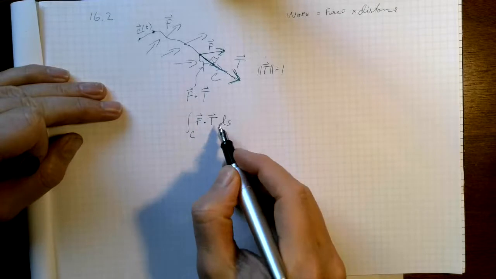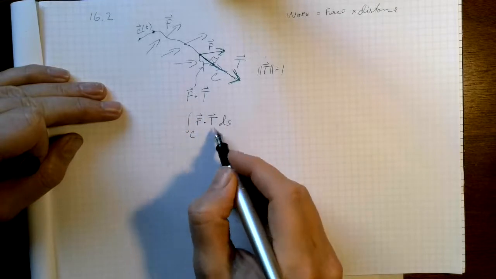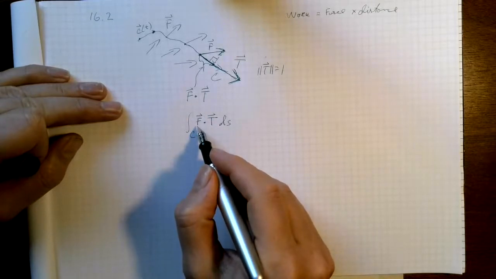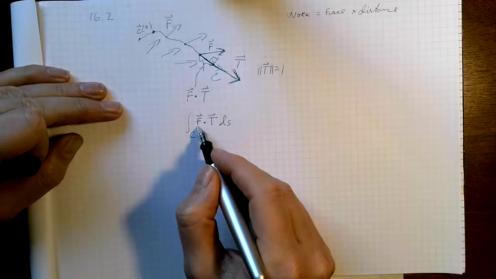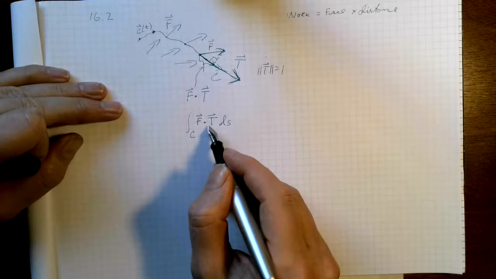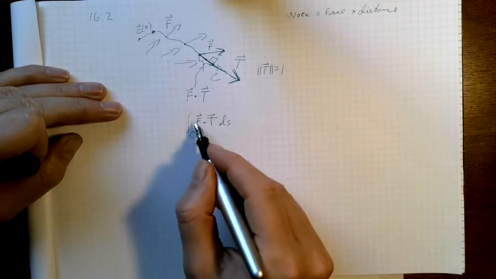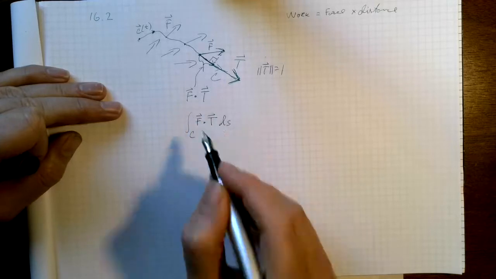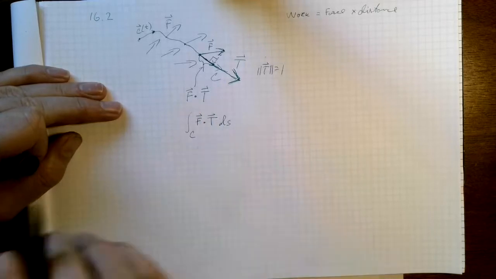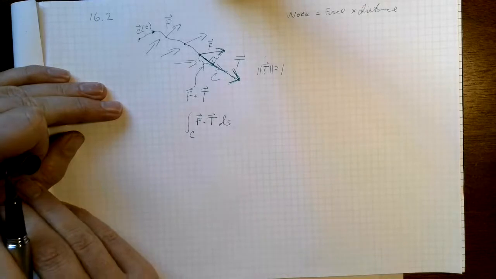What's inside is a scalar valued function, because F is a vector field, so for each point on the curve it's a vector. T, again, for each point on the curve, is a vector. I dot these together, I get a scalar, and I integrate that over the curve.